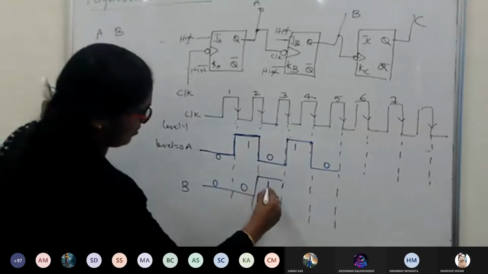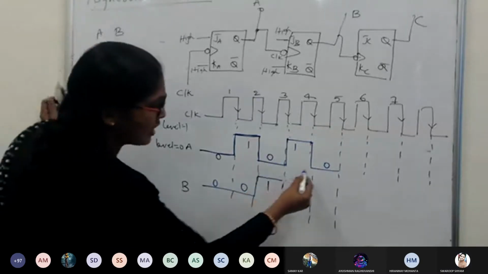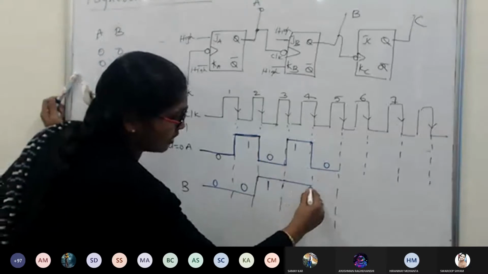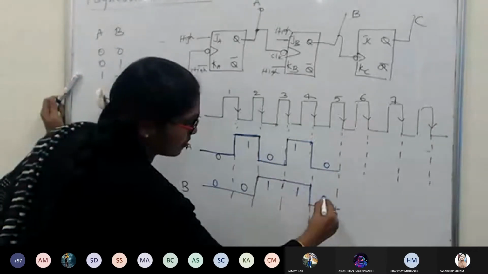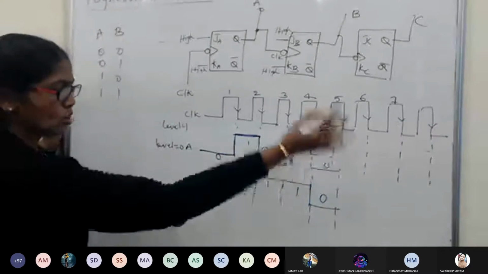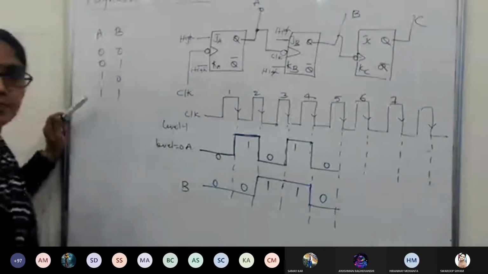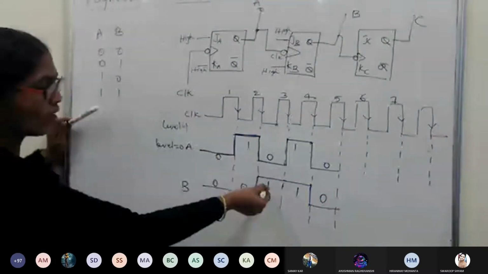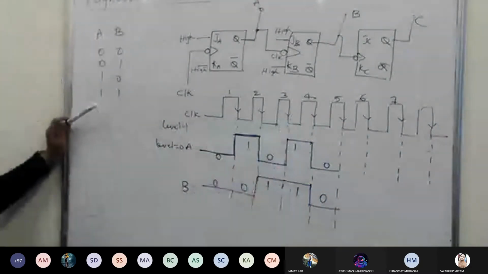Then afterwards, next it is following A. So only here it will again go back. It goes on. Now you understand here. B and A: 0 0, 0 1, 1 0, 1 1.